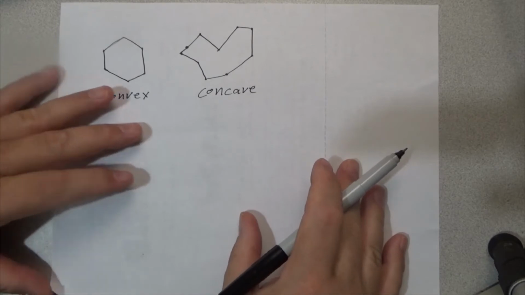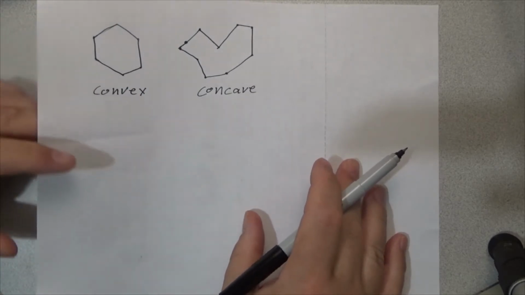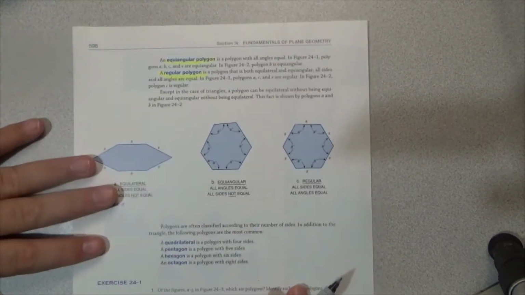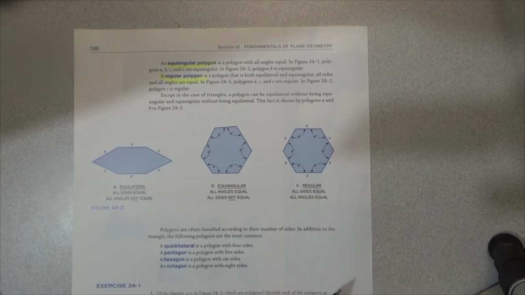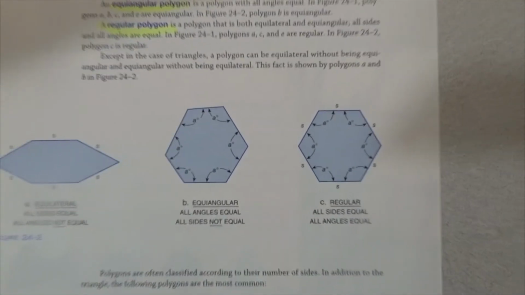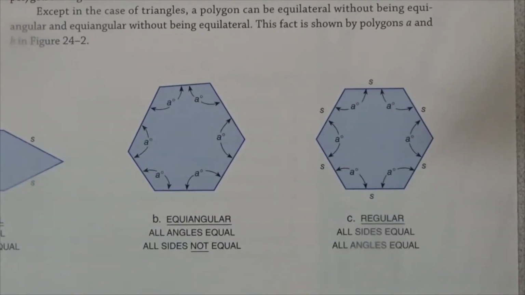And then we have what we call a regular polygon, and that is one in which all of the sides are the same and all of the angles are the same. So let's take a look at page number 598, some examples of these.